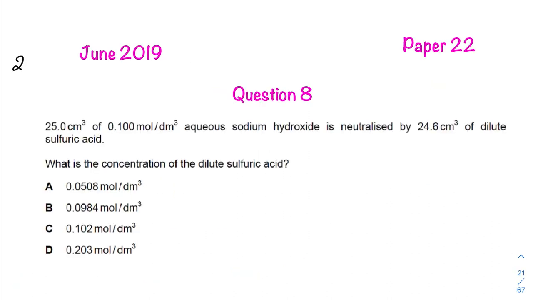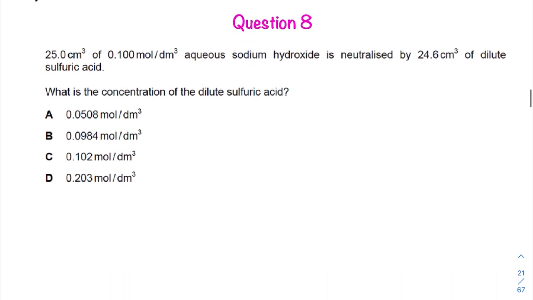Coming to the next question, question number 28 from June 2019, paper 22, question number 8. 25.0 cm cube of 0.100 mol per dm cube aqueous sodium hydroxide is neutralized by 24.6 cm cube of dilute sulfuric acid. So what am I going to do?